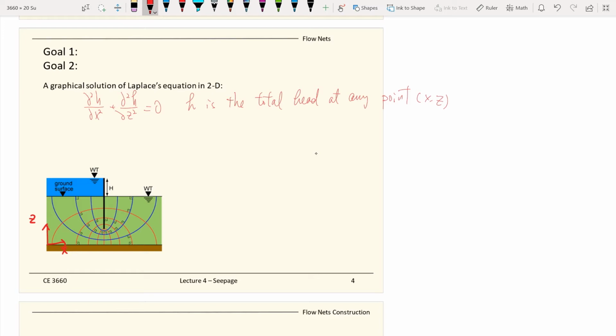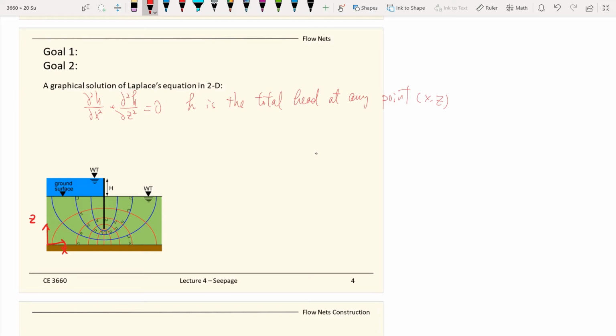Again, in this lecture we have a 2D seepage problem. There's no longer a straight line. If there's not a straight line, Darcy's law doesn't work, because Darcy's law only works in one dimension, which is straight-line flow. Now we've got a 2D problem. The water is flowing in, forming a curve.